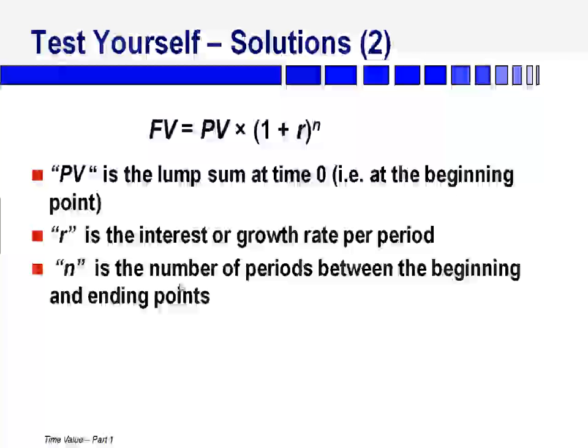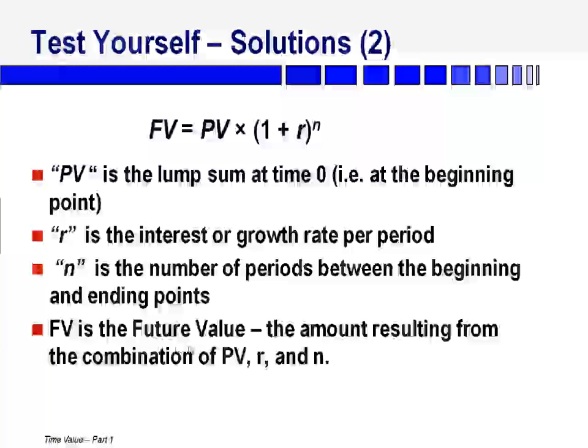If it's the interest rate per month, then N would be the number of months. FV is the future value, the amount at the end of that time resulting from the combination of PV, R, and N. And this term right here, (1 plus R) to the N, is the future value interest factor.